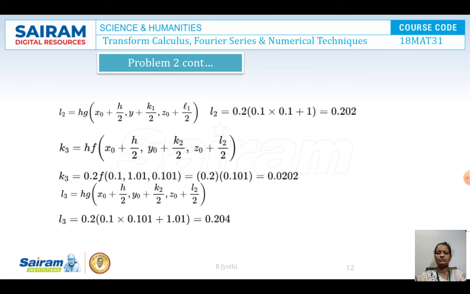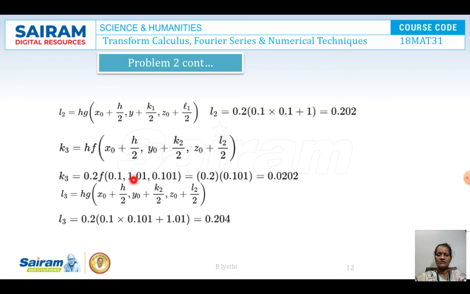Next, L2 is given by the formula h into g of x naught plus h by 2, y naught plus k1 by 2 and z naught plus l1 by 2, and which on substitution and simplification we get 0.202. Next, k3. K3 is given by h into f of x naught plus h by 2, y naught plus k2 by 2 and z naught plus L2 by 2.